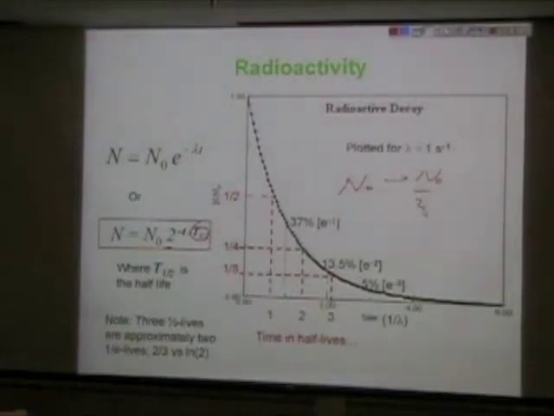If you wait one more half-life, you get left half of a half. And if you wait another, you get half of a half of a half, etc. So this is the radioactive law in terms of how many half-lives you wait. This number n is 1 or 2 or 3, etc.